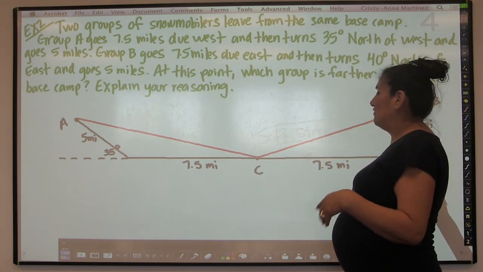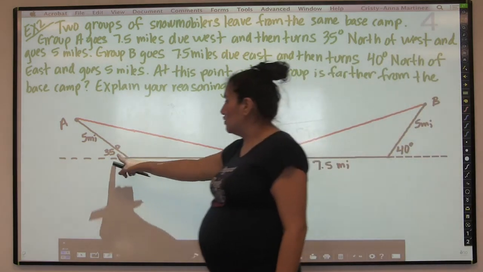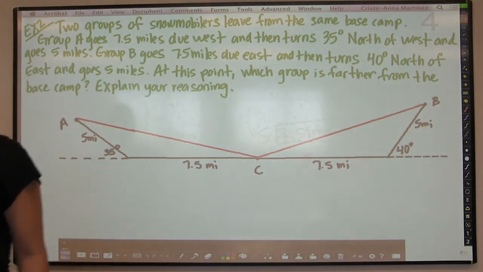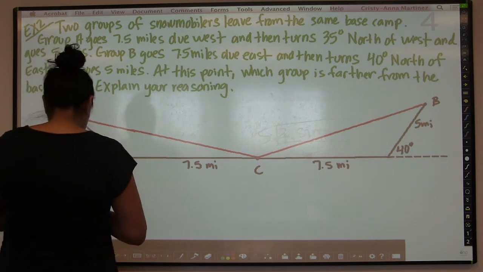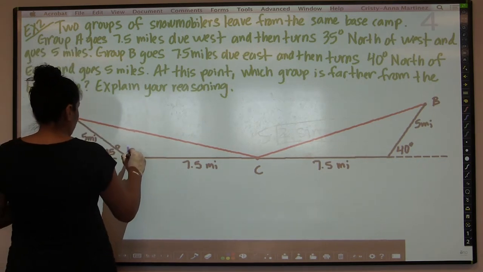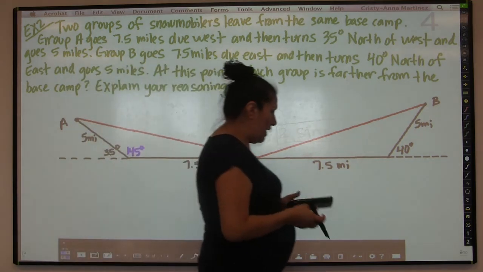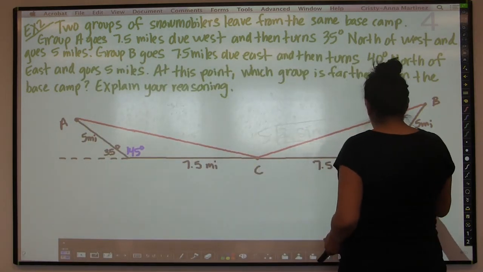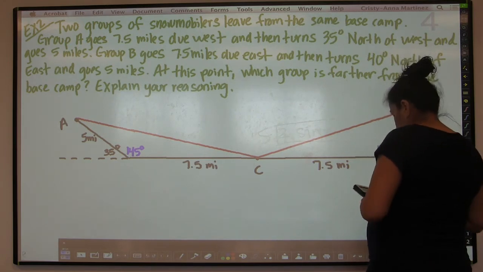And then we have the included angle. We know that this part of the angle is 35. So very quickly we can take 180 and subtract 35 and get 145 for this little guy. And over here we can take 180 and subtract 40 and get 140 for the other triangle.